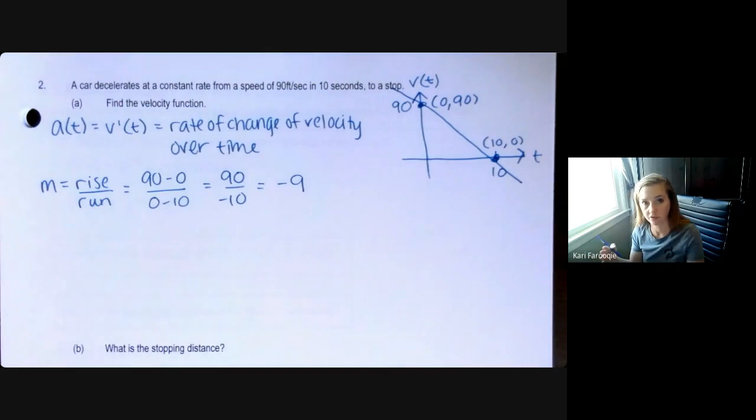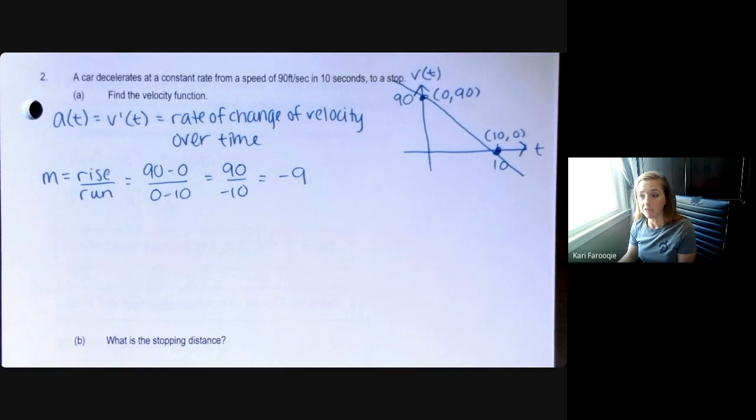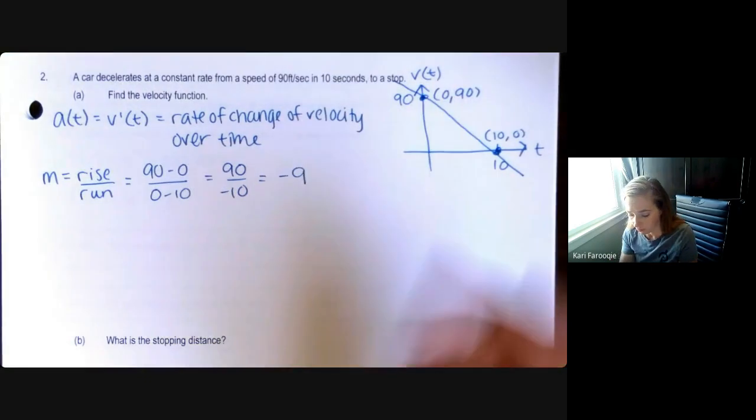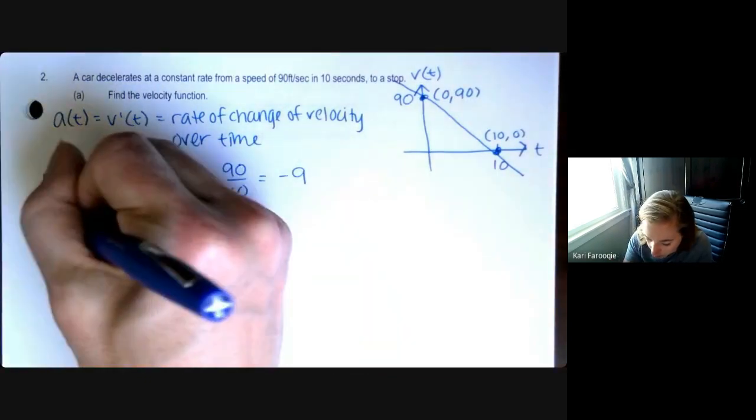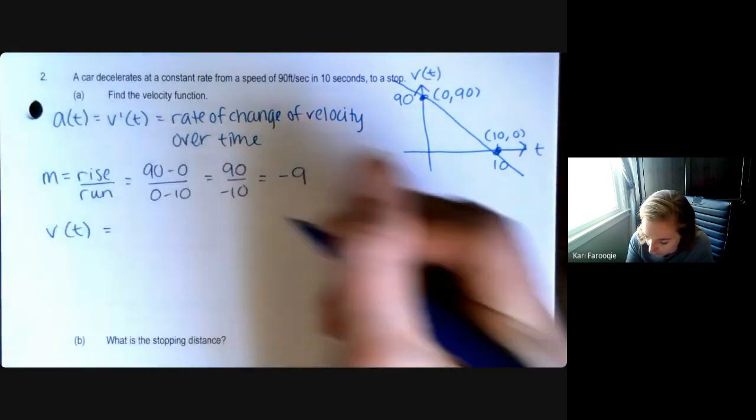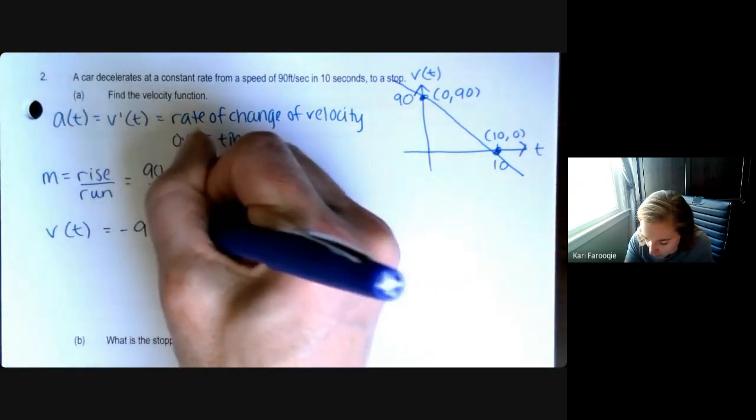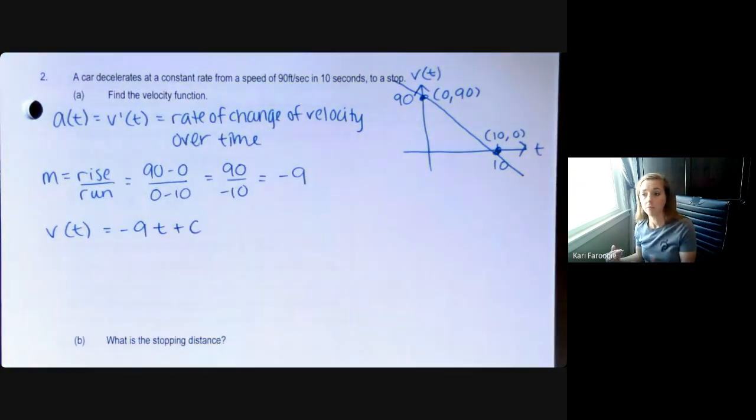Remember that this is just feet per second per second. It doesn't matter. We're just going to put it into our velocity function. All right, so that's the slope of this function. So we're going to start to write this out. V of t is negative 9t, and then plus c in this case.